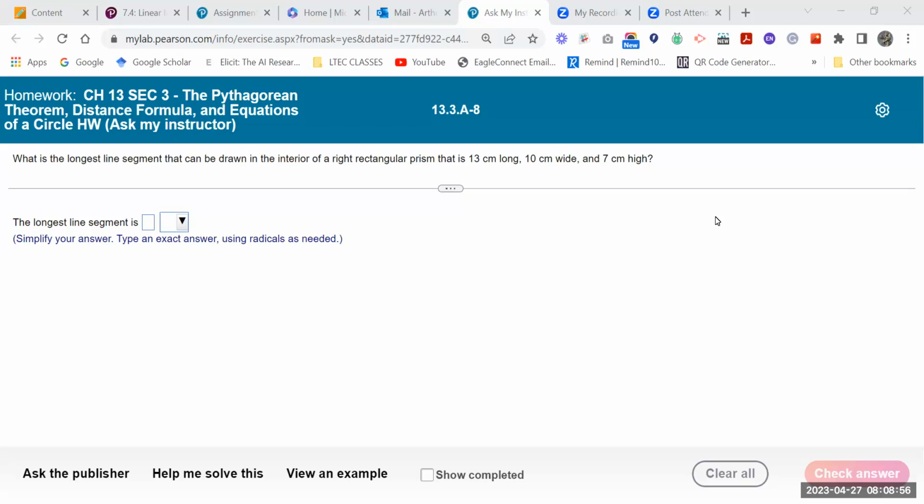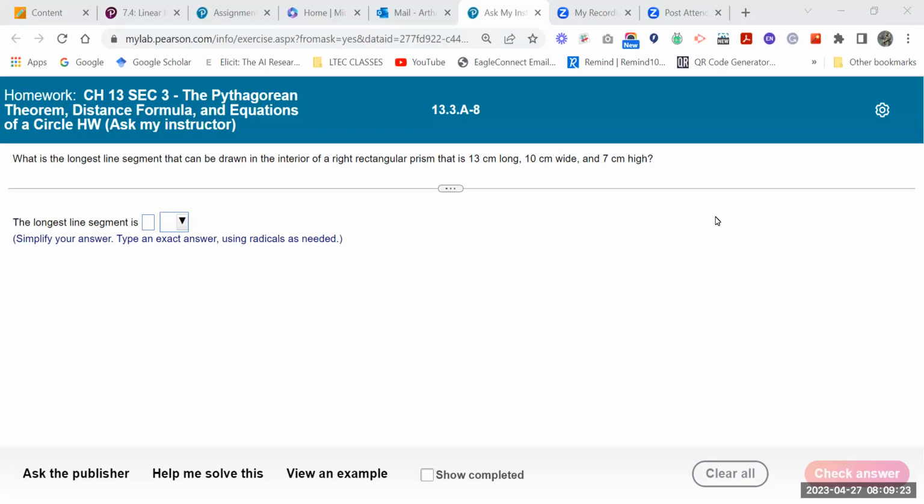So here, the plate in back is 7 high by 13. The plate on the bottom is 10 and 13. And the last one, the one on top, is whatever this length is, that hypotenuse.